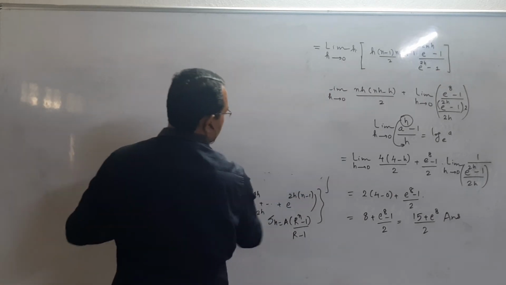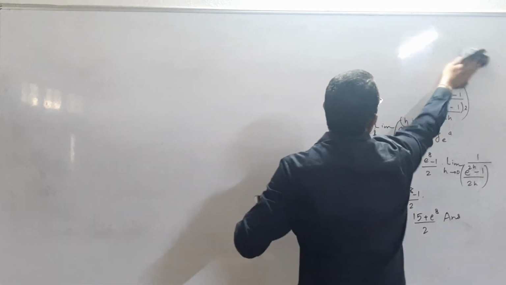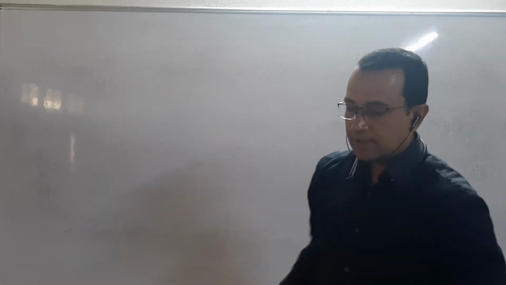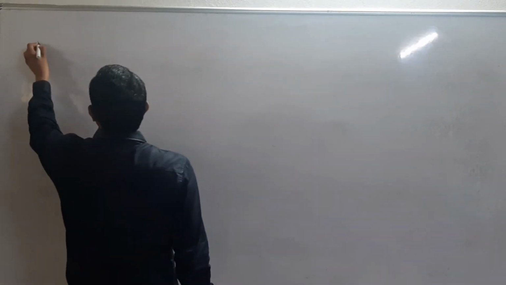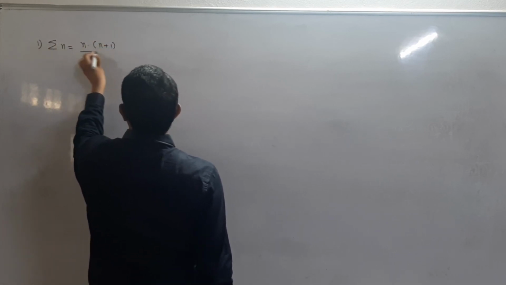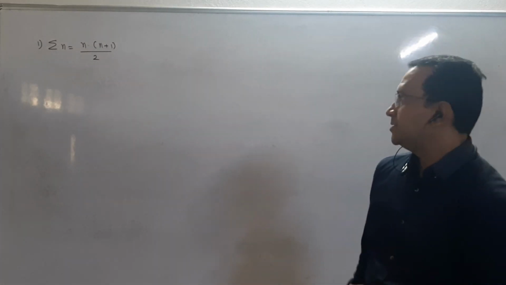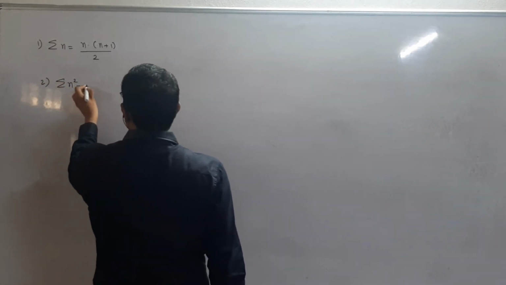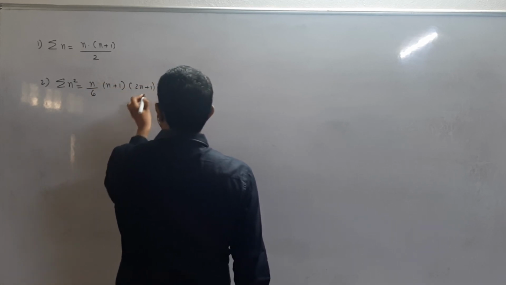Students, I am revising all the formulas which are applied in this type of sums, so that you can perfectly understand the basics. The first formula is sigma n, which is n into n plus 1 by 2. Then the second formula is sigma n square, which is n by 6, n plus 1, twice n plus 1.